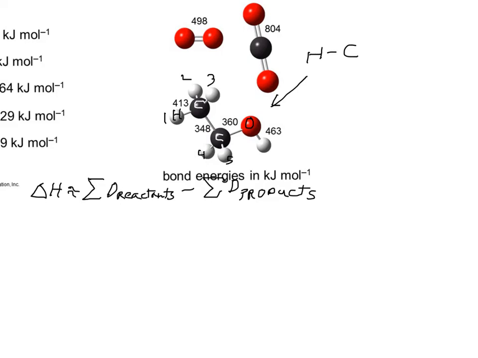So I have 5 hydrogen-carbon bonds. Each of those has a dissociation energy of 413 kilojoules. Our next bond we want to look at is our carbon-carbon bond. We only have 1 carbon-carbon bond in the molecule.